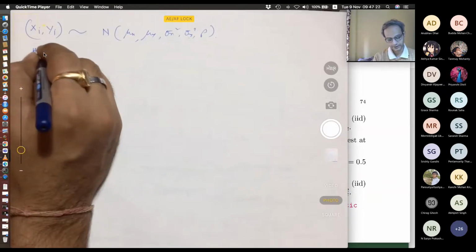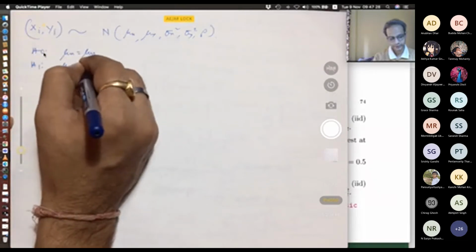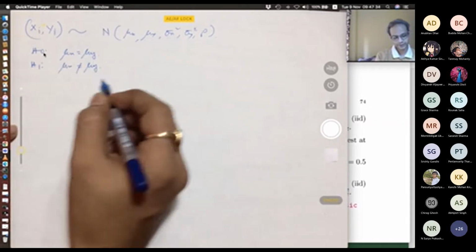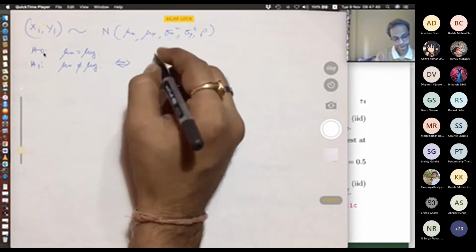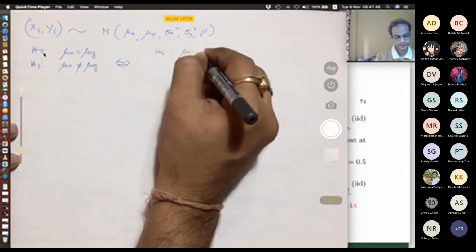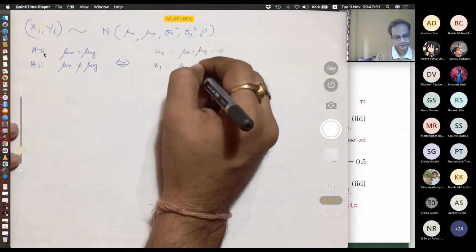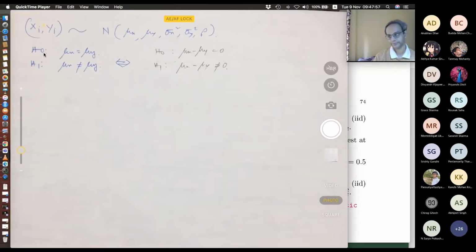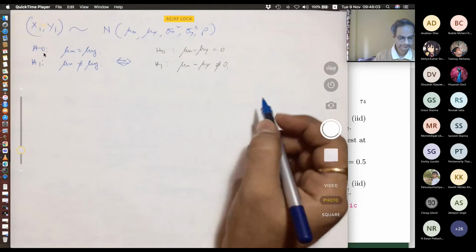And the null hypothesis is claiming mu x equals mu y, h1 mu x not equal to mu y. So as you can see, we can rewrite the null hypothesis in this way: mu x minus mu y equals 0, h1 mu x minus mu y not equal to 0. As simple as that.